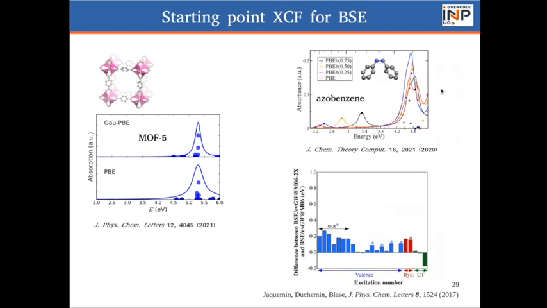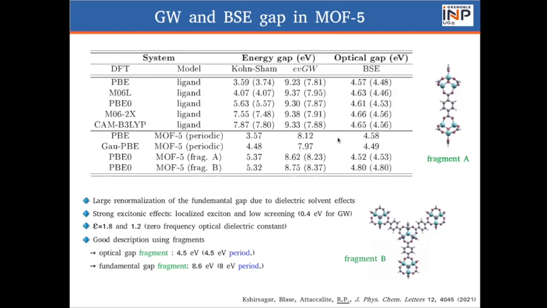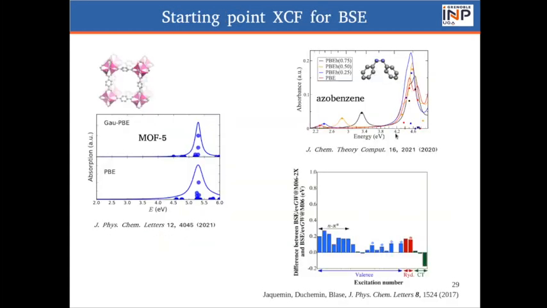You remember my first slide on the change of the S1 when we increase the amount of exact exchange, while the pi-pi-star excitation is fairly constant, like the case of the MOF. Even for the MOF I showed you, the GW gap and the BSE gap in this case are very, very similar.